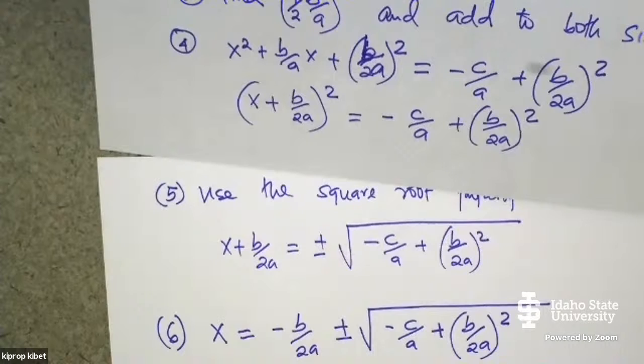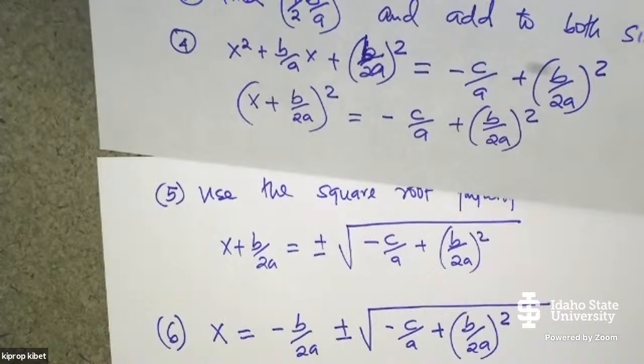And then you remember the square root property. Then when you find the square root of this, it is equals to plus or minus the square root of the other side. Then now you take this one to this side, which is minus b plus or minus this one. So basically, this is the quadratic formula.